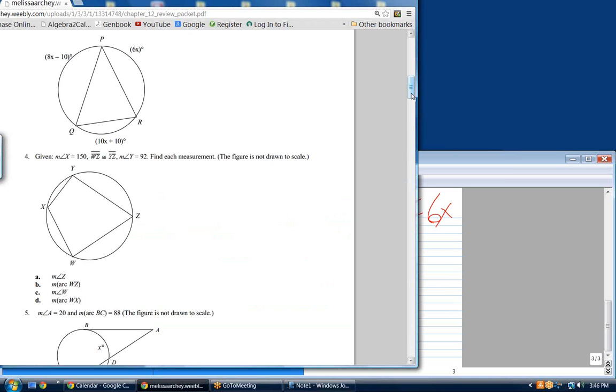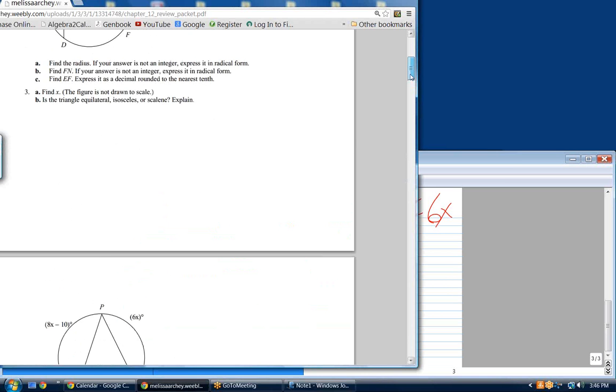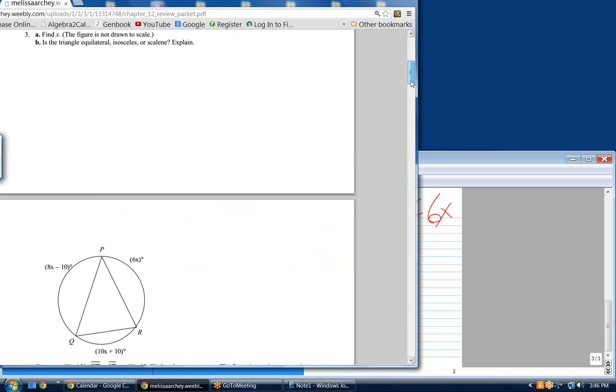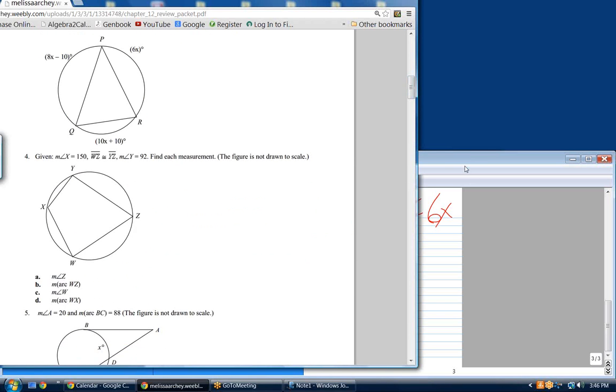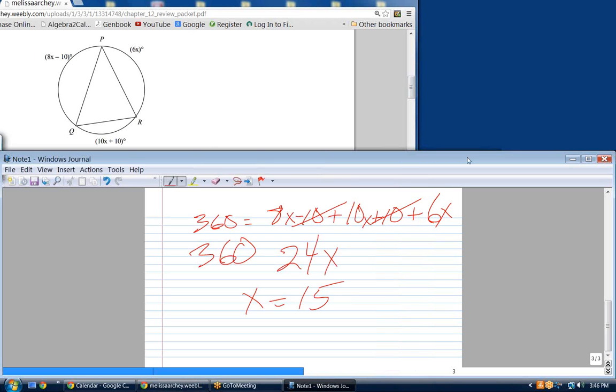And so we found x. Now let's determine what kind of triangle this is. Well, let's figure out the angles. If x is 15, what is this?